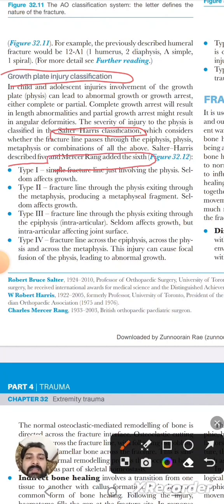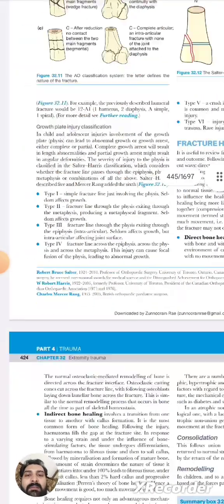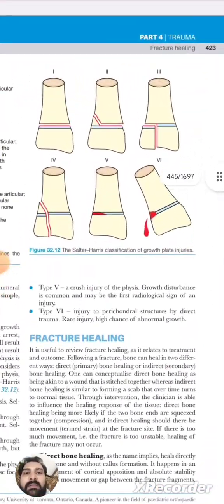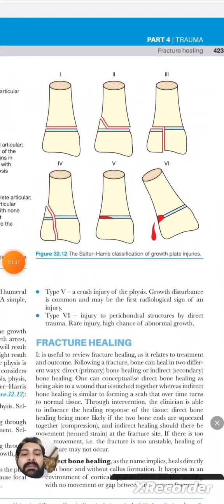Growth plate injuries occur in the child and adolescent population, and they are very important because they may cause complete or partial growth arrest, or even growth abnormalities. So there is a mnemonic for growth plate injuries: SALTER.